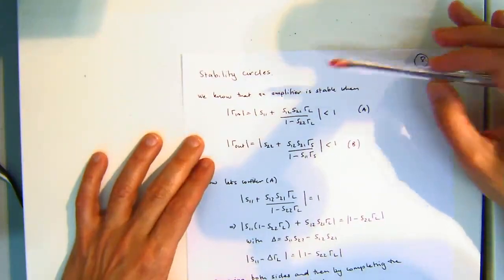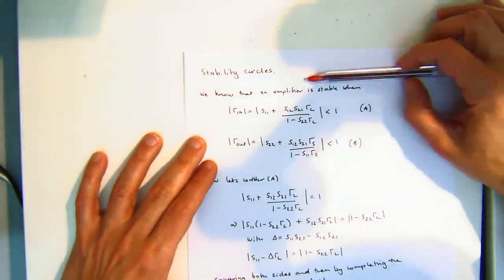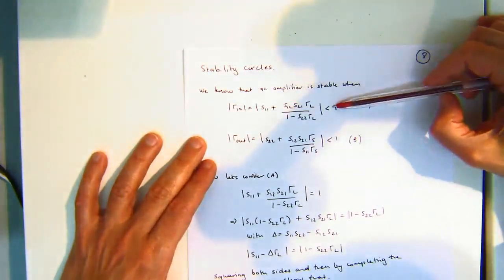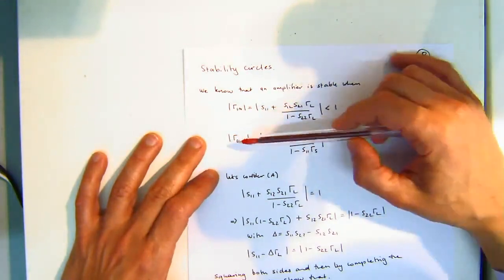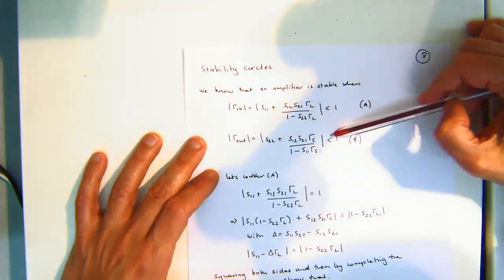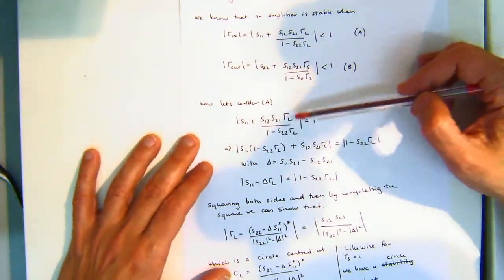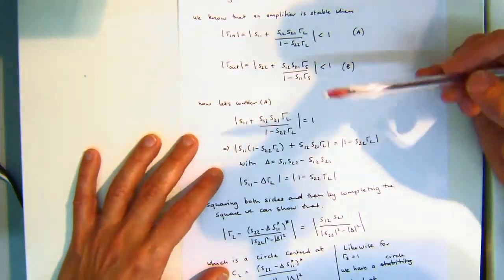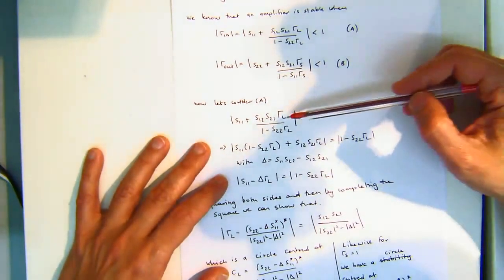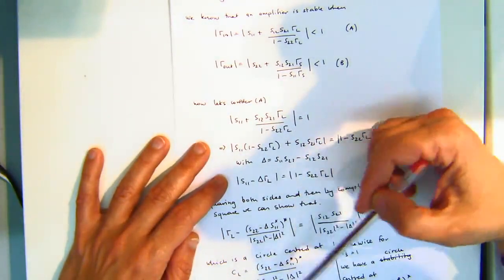Okay, so we know, based on our definitions, that an amplifier is stable if gamma in, the input reflection coefficient, is less than 1, and gamma out, the output reflection coefficient, is less than 1, right? So here we're going to go through some boring mathematics. Now, I don't need you to know this off by heart. What's more important is how to use this.